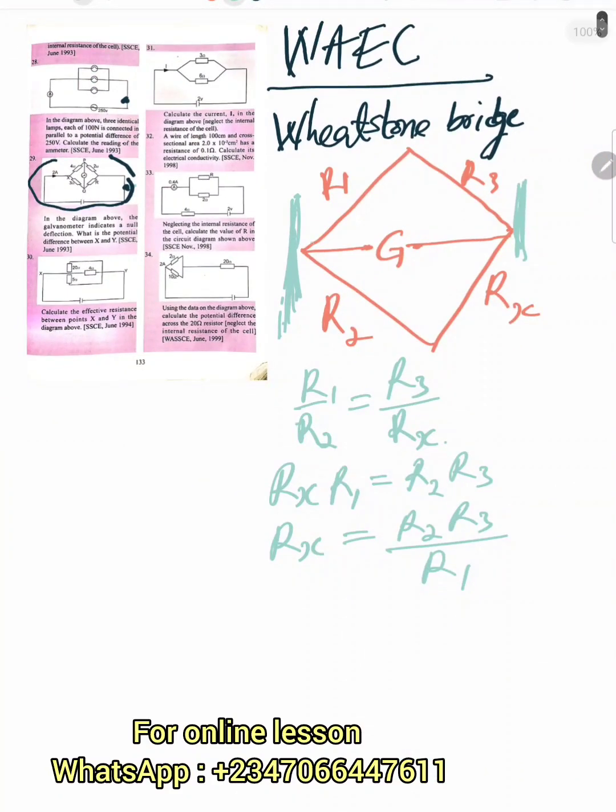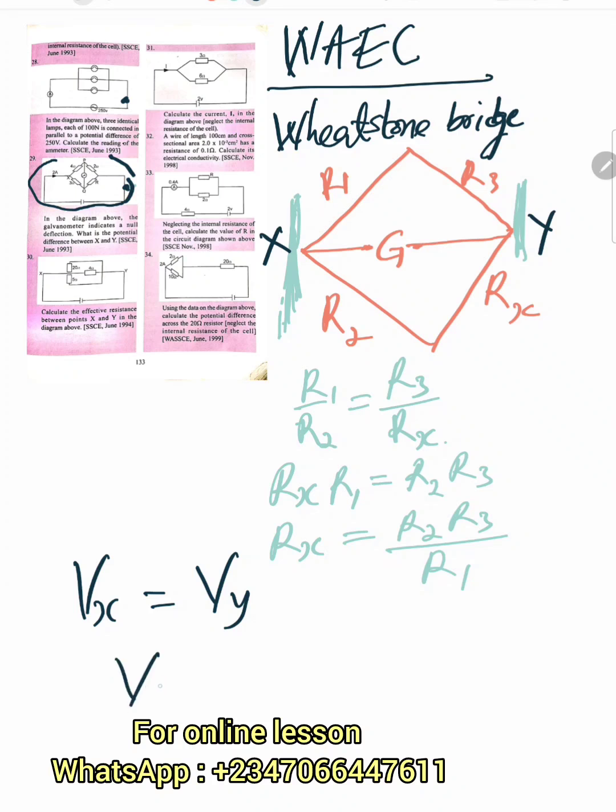If here is X, let's call this point X and call this point Y. The potential at this point will be equal to the potential at this point, which means V of X equals V of Y. So in that case, the current will now be 0.